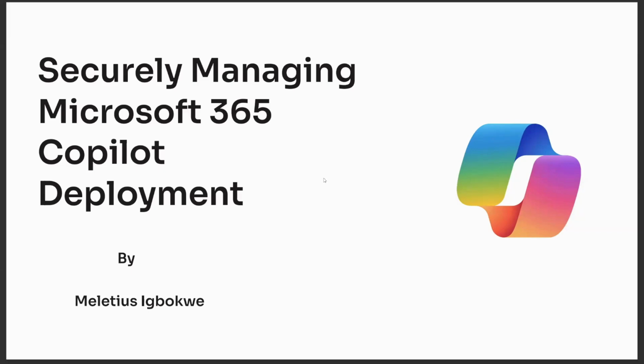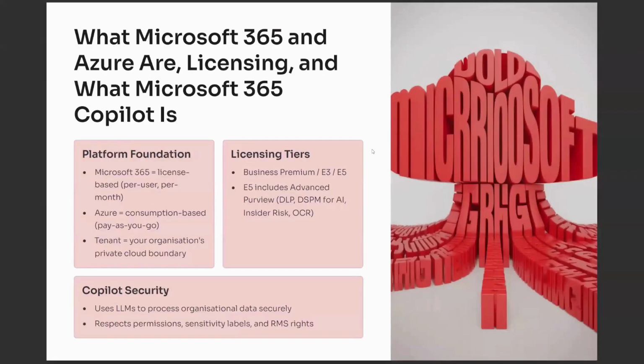First, I want to discuss Microsoft 365 and Azure licensing, and what Microsoft 365 Copilot is. As we all know, Microsoft 365 and Azure are fully licensing and subscription based, and different platforms have different offerings.